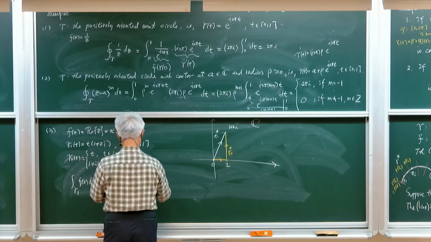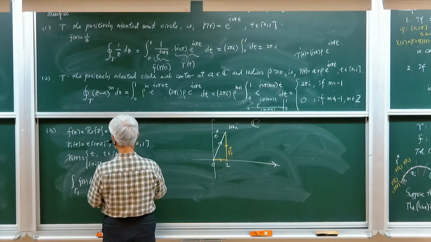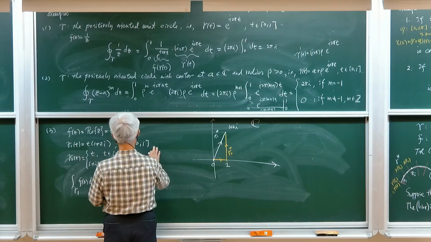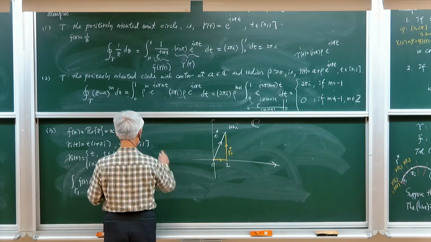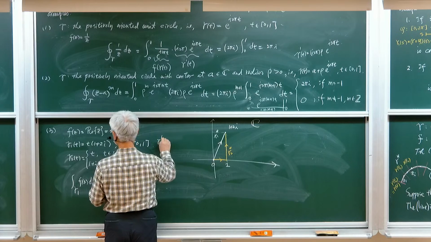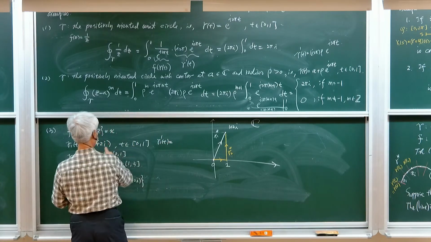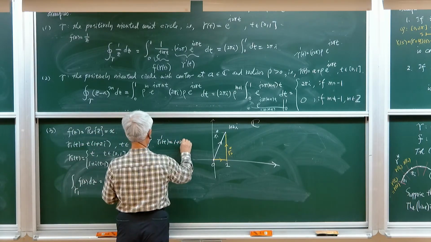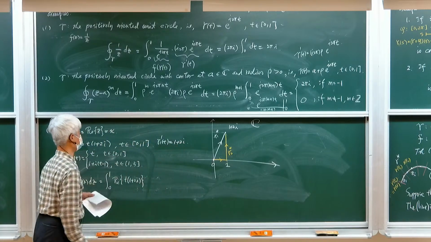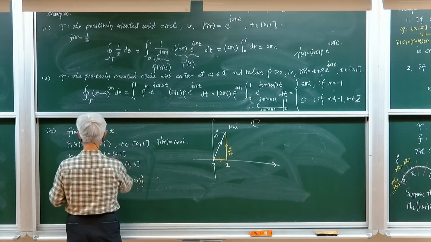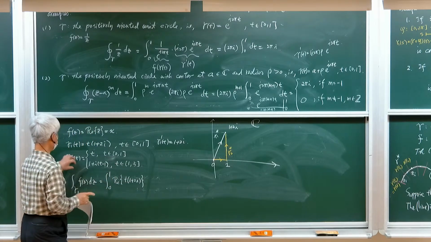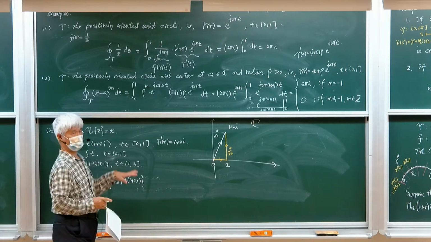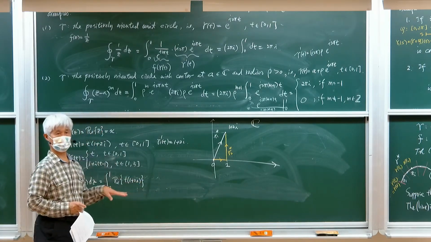And so we see that gamma 1 prime t is equal to a constant, 1 plus 2i. Okay, constant. And for here, we see that gamma 2 is piecewise continuously differentiable, right?